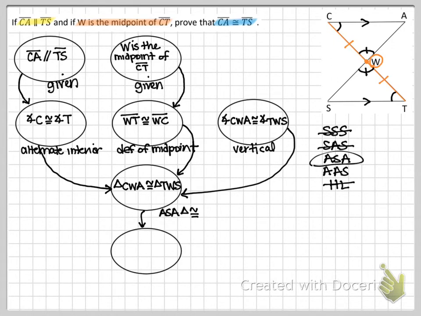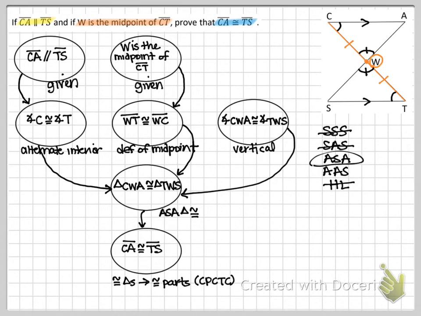So last bubble, we have line segment CA is congruent to line segment TS. If you prove that the triangles are congruent, then all of the matching parts have to be congruent. So you could say congruent triangles give congruent parts, or if you're feeling confident, you could do CPCTC.